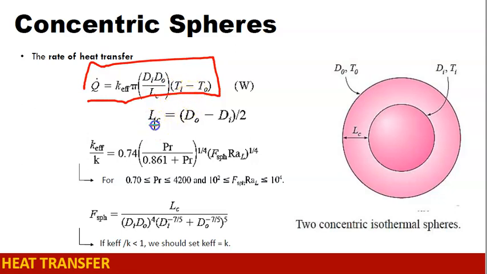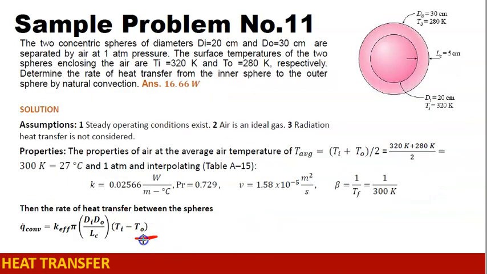Take note that our characteristic length this time is this one, and for the value of k effective we will use this, so we need to solve for F sphere using this equation. Use this particular equation in evaluating the rate of heat transfer between the spheres.